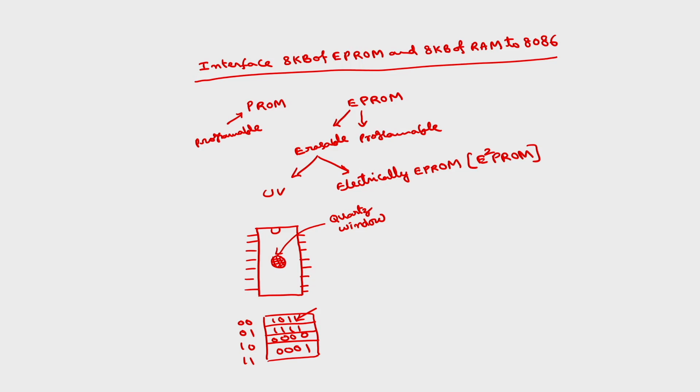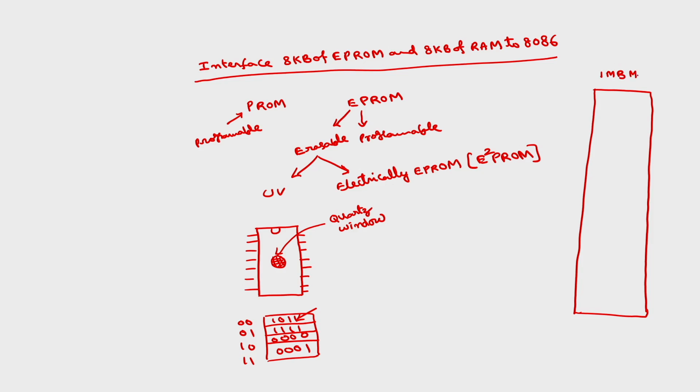Then we have random access memory. So, 8 kilobytes of EPROM and 8 kilobytes of random access memory. The first step here is to choose appropriate memory locations out of this 1 megabyte of total memory locations, from 00000H to FFFFFH.